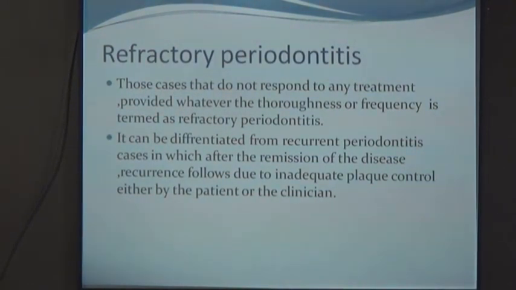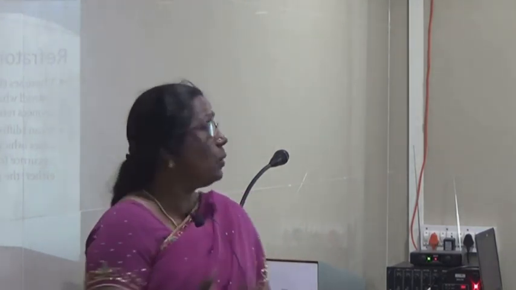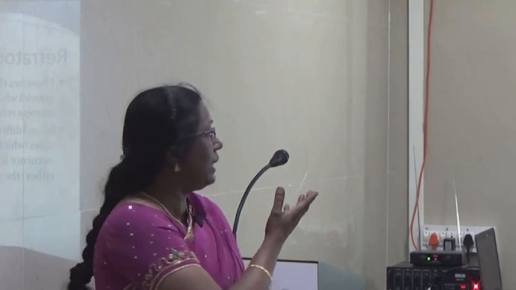If you are not doing it properly, the patient will come again with periodontitis, and we call it recurrent. Refractory is not responding; recurrent is not doing the treatment properly. So recurrent is mainly because of the surgeons, whereas refractory depends upon not responding to treatment. Understood? You should know the difference between recurrent and refractory.